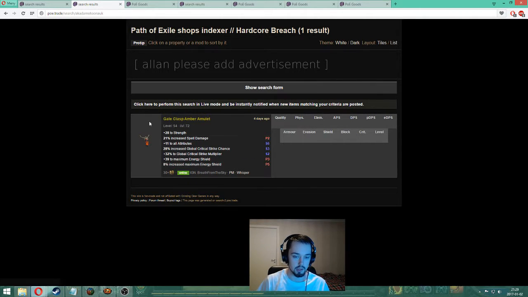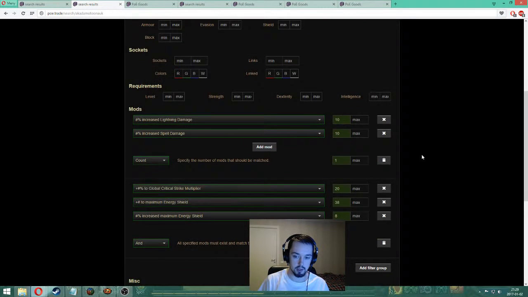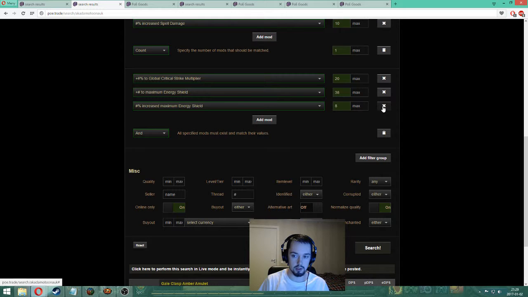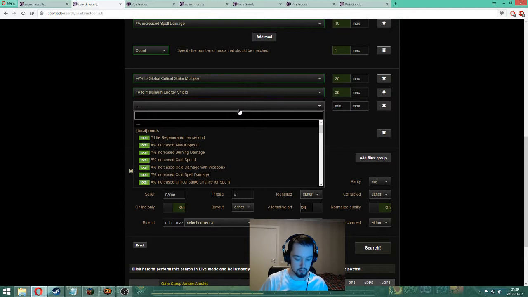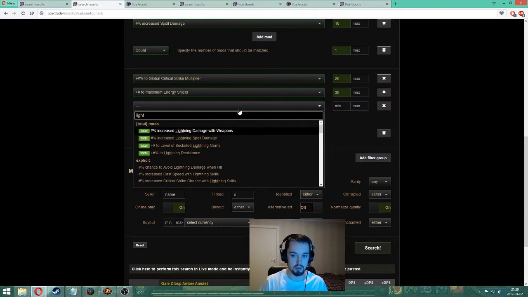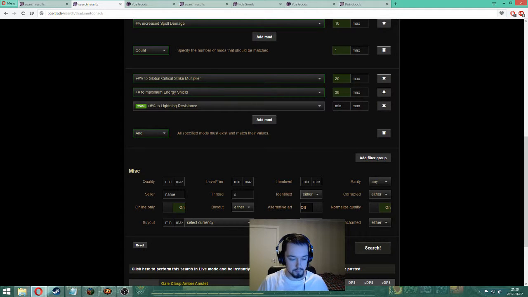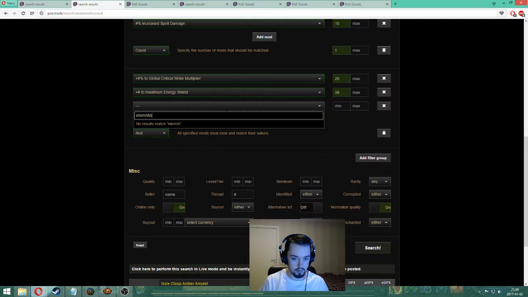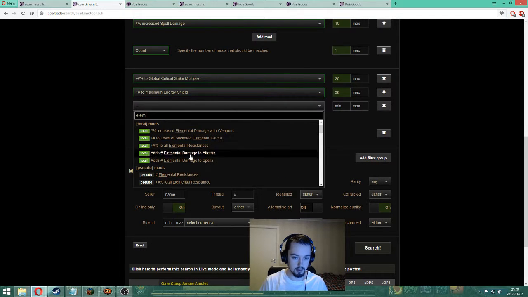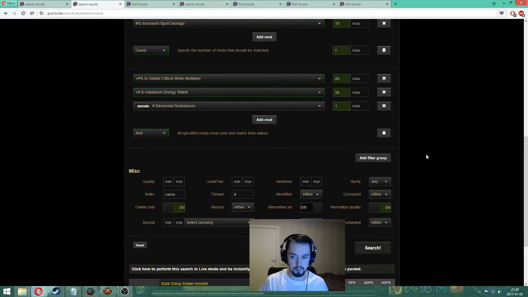But this one doesn't have any resistances, right? But ours had, so we can try to remove the increased maximum energy shield and add the lightning resist as well. Now the reason I remove the maximum energy shield is because it's not very high. Or I should put elemental resist instead. Just elemental resistance as one.